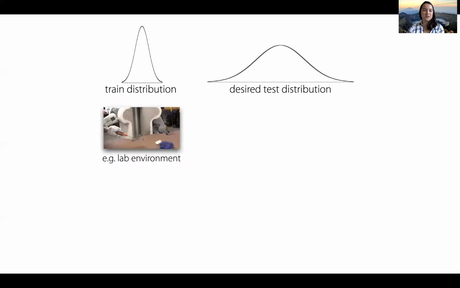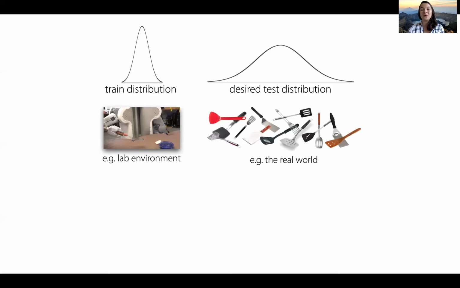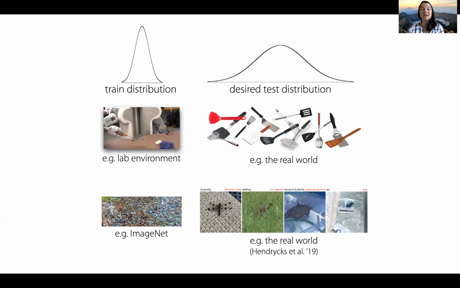For example, maybe our train distribution is a robot trained in the lab, and our desired test distribution is the real world, where there are many different kinds of objects and many different kinds of environments that you may encounter. Or in computer vision, maybe the train distribution is ImageNet, and then again, the desired test distribution is the real world, where we again see a broader distribution, and you tend to perform more poorly.